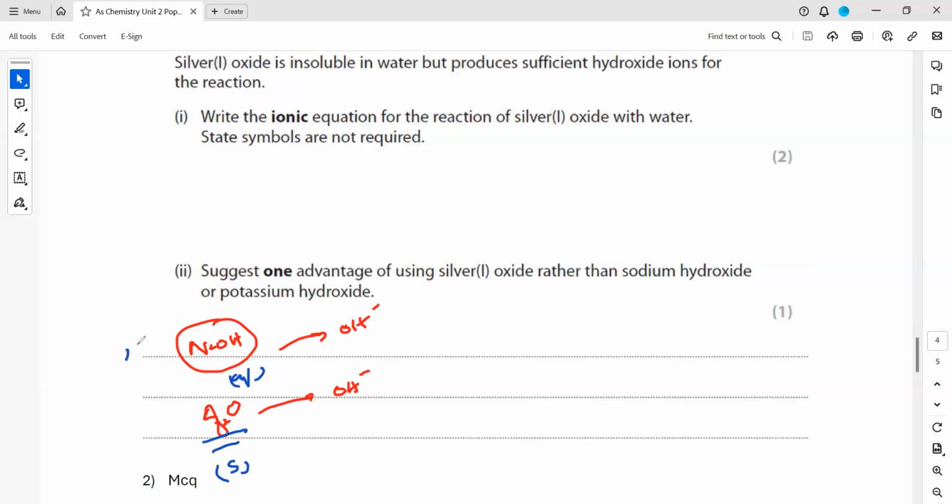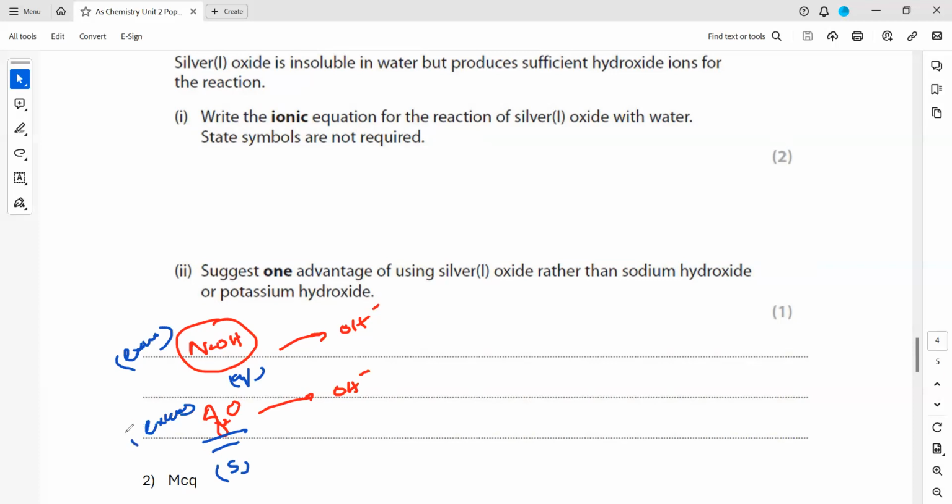So if you add an excess of sodium hydroxide, you cannot remove the excess. If more than enough sodium hydroxide is added to a mixture, you cannot remove it because it is aqueous. Whereas if you add more than enough silver(I) oxide, because it is solid, the excess can be removed by filtration. So that is an advantage.